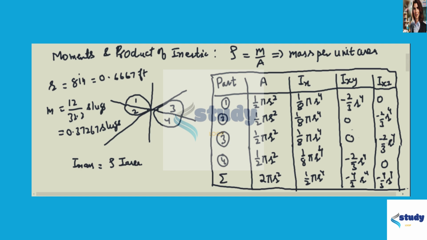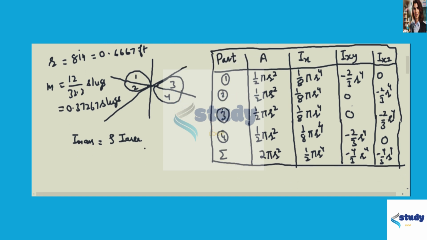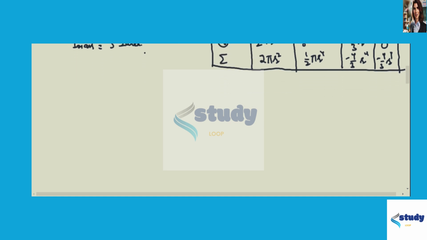Now calculate the value. Already we have prepared the table, only we have to substitute the value. Density rho is equal to m upon 2 pi r square. Mass we have calculated 0.37267, pi 3.14, radius is 0.667.